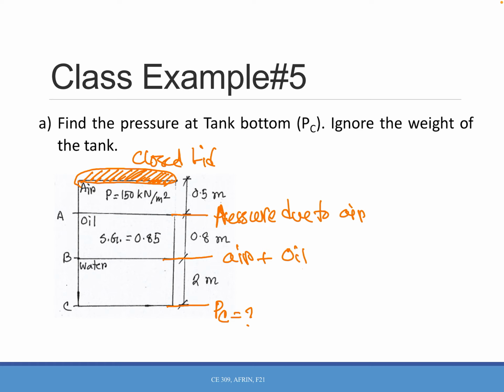And at point C, the pressure is due to air, oil, and water. You see, the more we go downward, the more material is added, so the pressure will increase and we need to find that pressure.